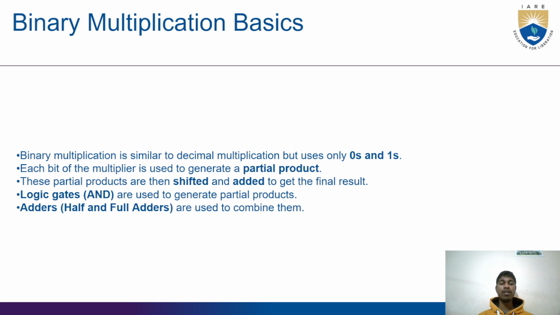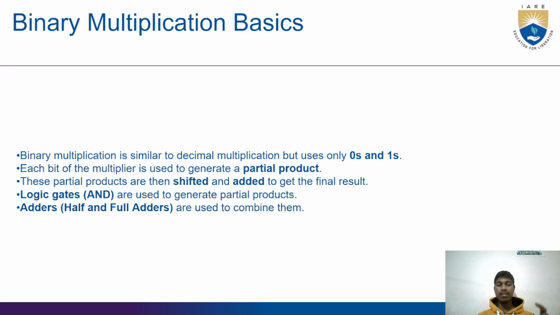These partial products are then shifted and added to get the final product. This shift and add method is used to form a binary number in programming. It is very essential and very useful. Without this, forming a binary number is very difficult.